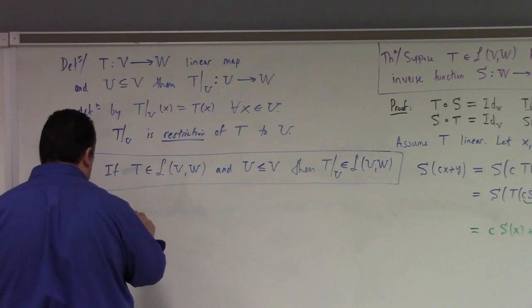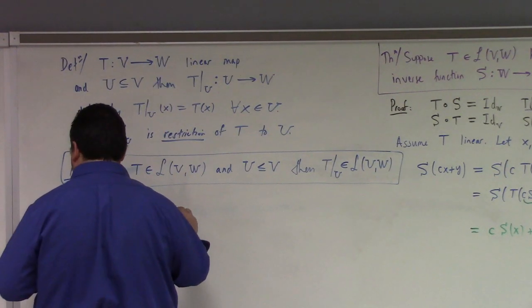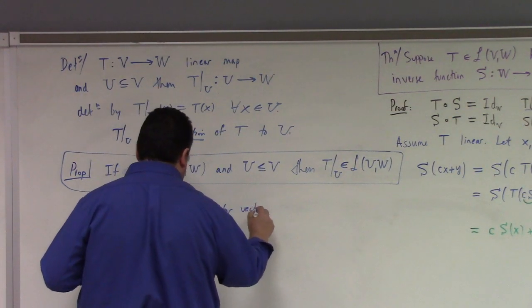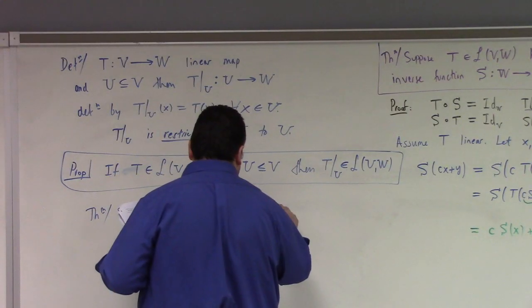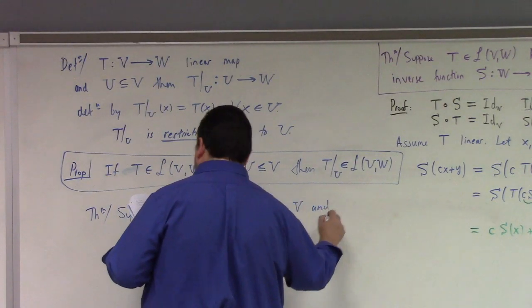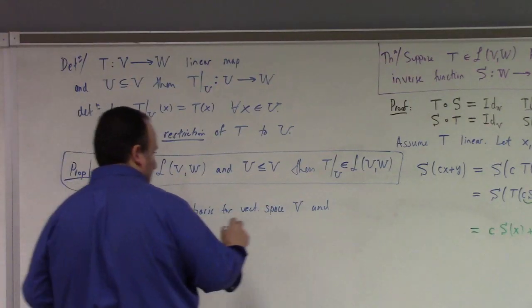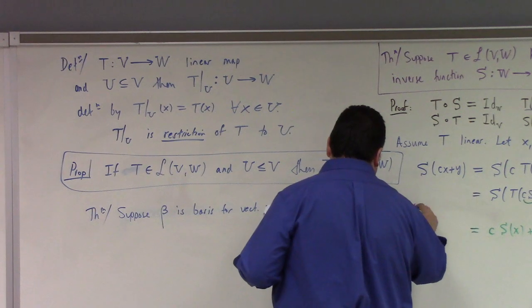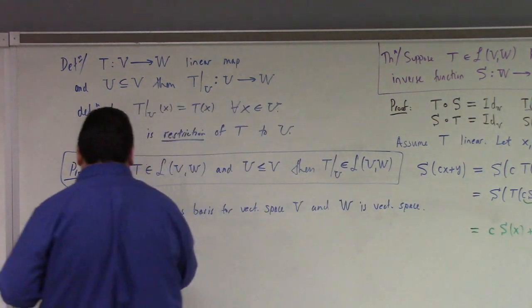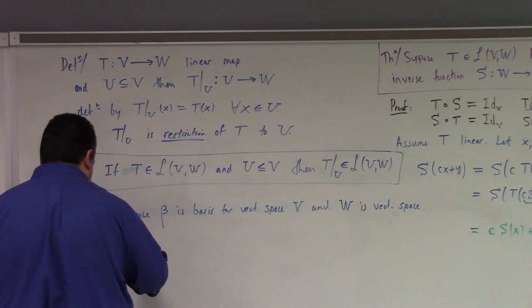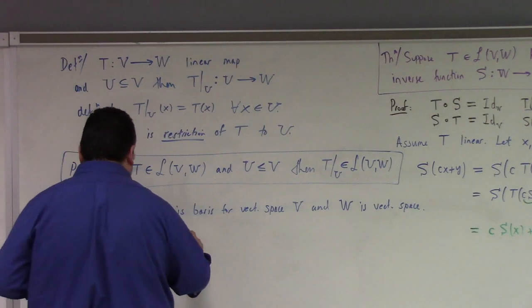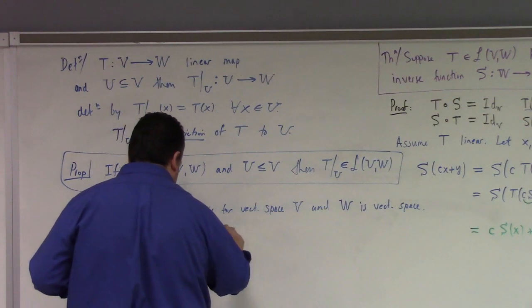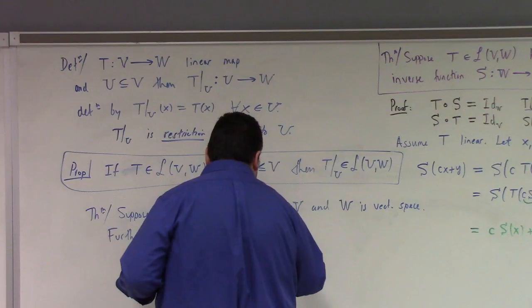Suppose beta is a basis for a vector space V, and W is a vector space. Furthermore, L is a mapping from beta to W, a function.